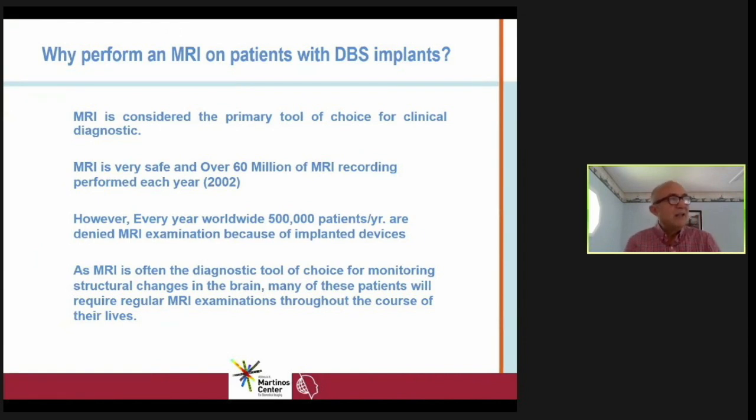because basically the MRI is considered a primary tool of choice for clinical diagnostics. There are many millions of recordings done each year for clinical and research purposes. And there are 500,000 patients over the world with implants, and often the MRI examination is denied because of compatibility concerns.